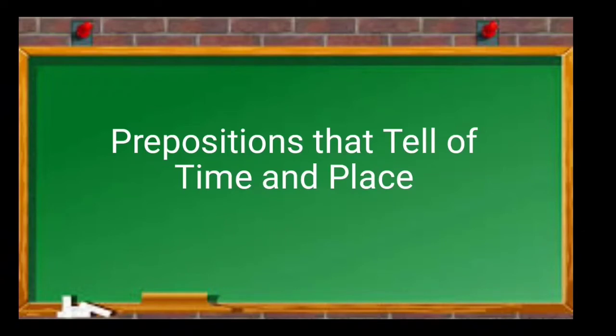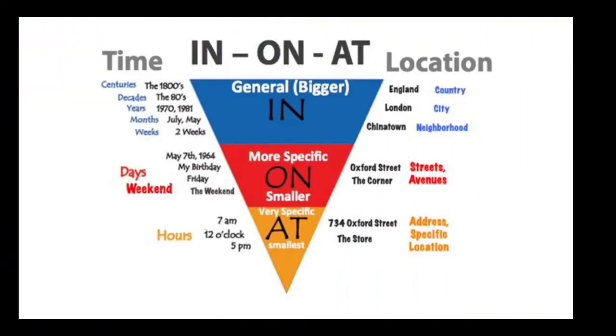Let's start by looking at how they talk about time. English speakers use in to refer to a general, longer period of time, such as centuries, decades, years, months, and weeks.